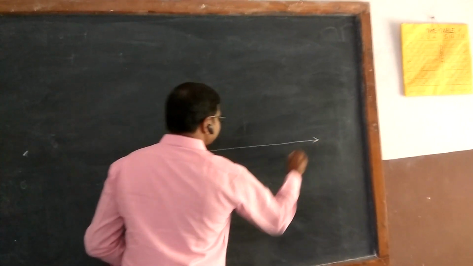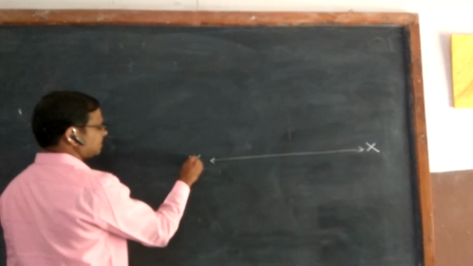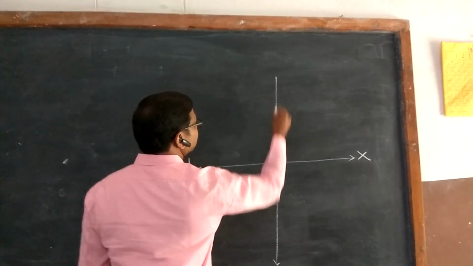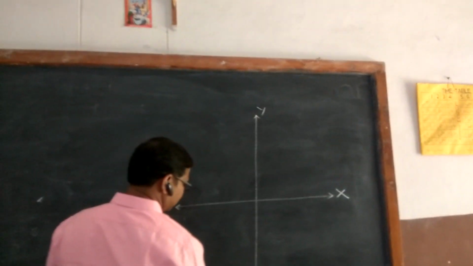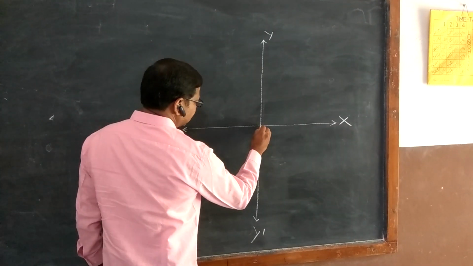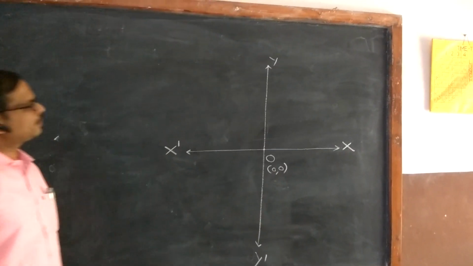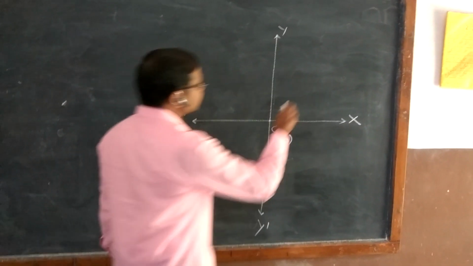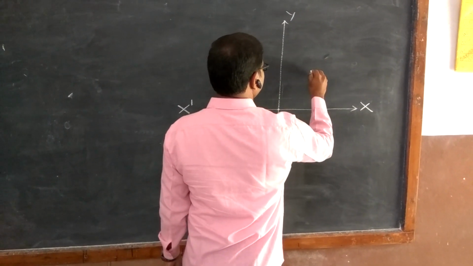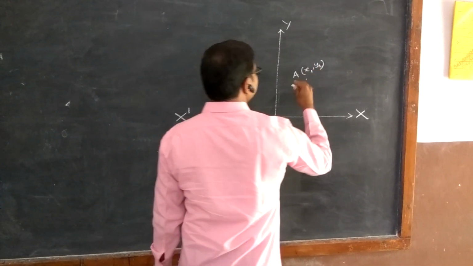Take the coordinate axes x, x dash, y, y dash. This is called the origin, denoted by 0, 0. Take a point in the first quadrant, for example, A of x1, y1.